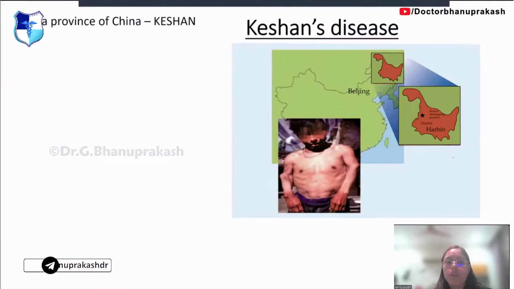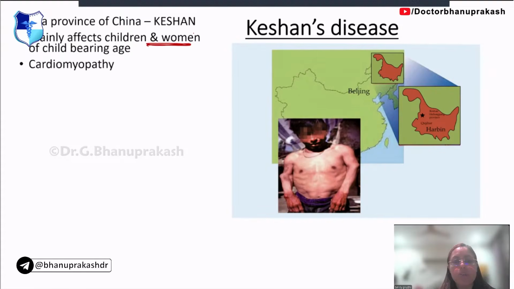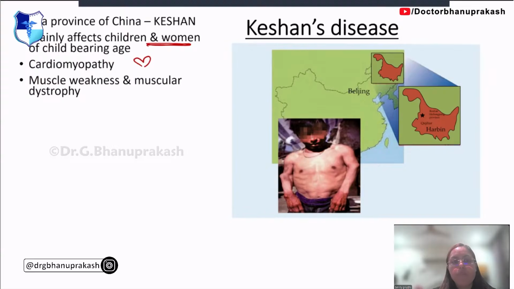Okay. Then Keshan disease was named after a province in China, Keshan, because selenium deficiency was found in this area and the patients were affected, especially children and women of childbearing age. So the heart is affected in these patients, cardiomyopathy, then muscles, skeletal muscles, heart muscles.